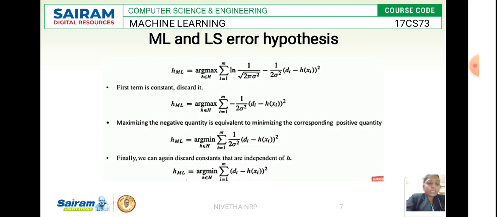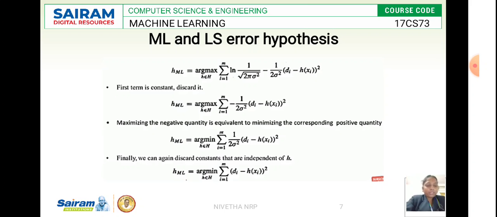So each time my error gets reduced, my chance of predicting the hypothesis gets higher. How do you reduce the error? By training with a higher number of data sets. When your machine is trained with more data, your prediction will be comparatively more accurate than when you train with lower data sets.